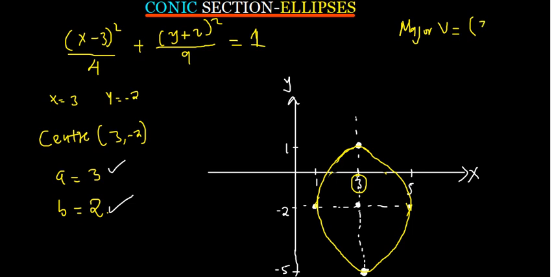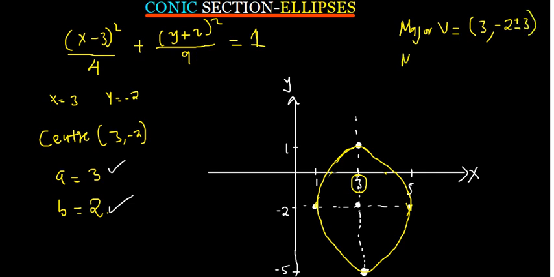For the major vertices, comma. How far are we going up? So we are going as far as... So I'm just going to write the y value of the center also. That's negative 2, right? And to negative 2 we are adding or subtracting that value that we found when we got the square root of the number below. That is, we're adding or subtracting 3. This is the major vertices.